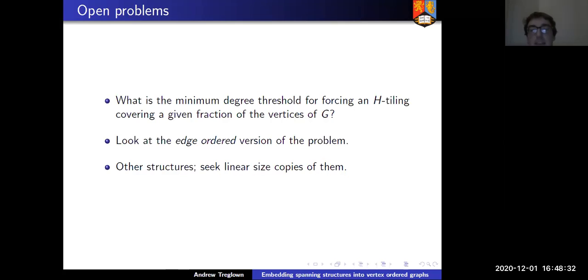In general, the worst case isn't going to be that interesting. As soon as the smallest and the second smallest vertex are adjacent in your graph H, that is, the edge 1, 2, then you need minimum degree (1 - 1/r)n, where r is the number of vertices in H. So you get to really the worst case.